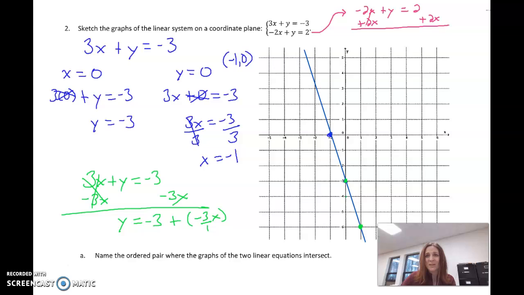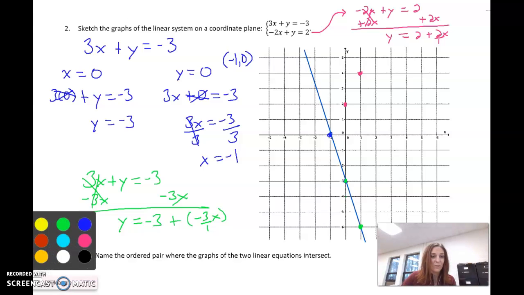They're not like terms. -2x plus 2x is 0, so I'm just left with y equals 2 plus 2x. My y-intercept is 2. And my slope, rise over run, is the coefficient of x. So I'm going to rise 2 and run 1. Okay? So draw my line through there.